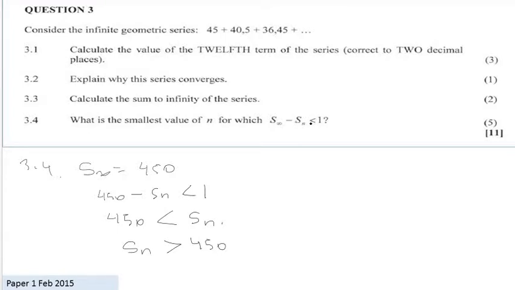But there's something wrong here, we need to include that 1.